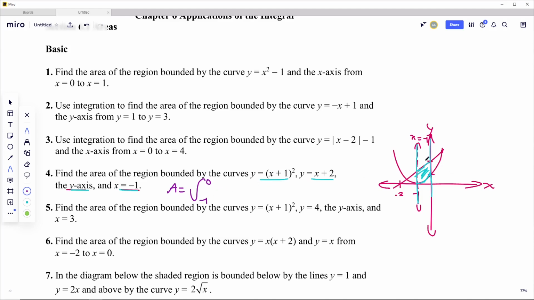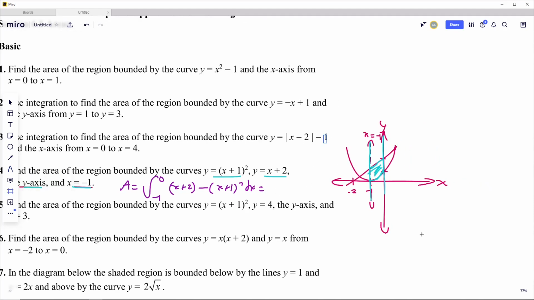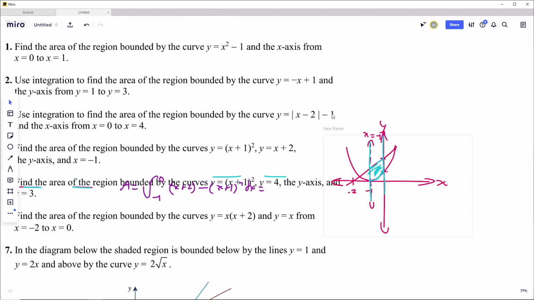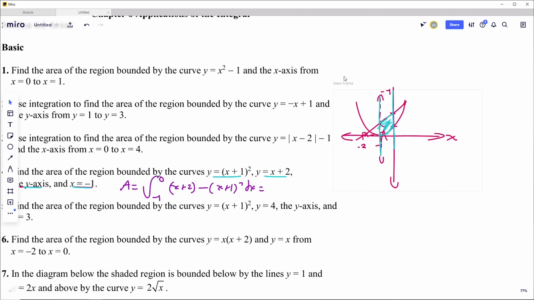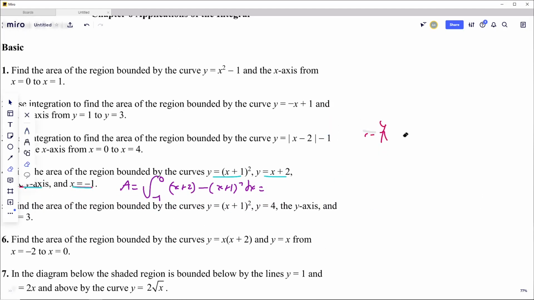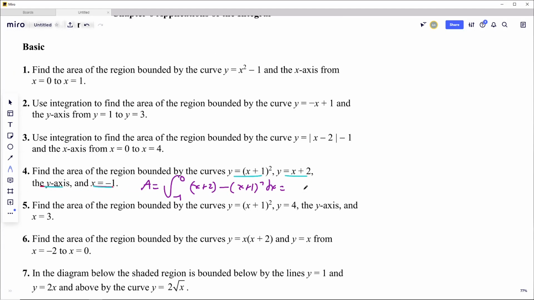And up is what? Up is the line, so x plus 2 minus the parabola, so x plus 1 squared dx equals, we're going to move the graph. Anyways, I'm just going to delete this, if you don't mind. You can watch the video, reset if you want to see the graph again, because it died.